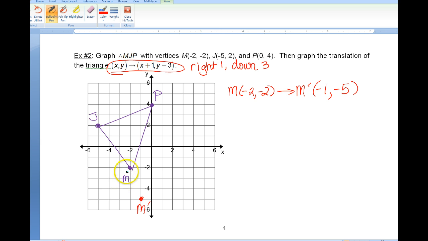Start at M, go to the right 1 and down 3. There's your M prime. J, we go to the right 1, down 3. And then P, we go to the right 1, down 3. Here's P prime. And then you can draw your picture. I think interpreting the translation and moving is easier.